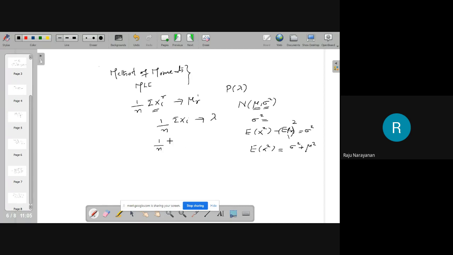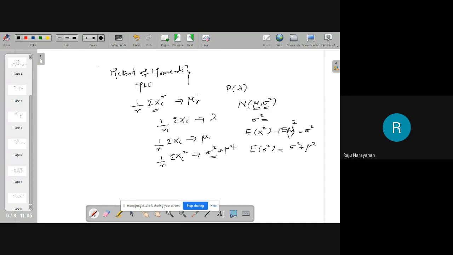Therefore, 1 by n sigma xi you equate to mu. Then either 1 by n sigma xi minus x bar the whole square, or 1 by n sigma xi square, you can equate to sigma square plus mu square. From this you can estimate sigma. It is very simple.